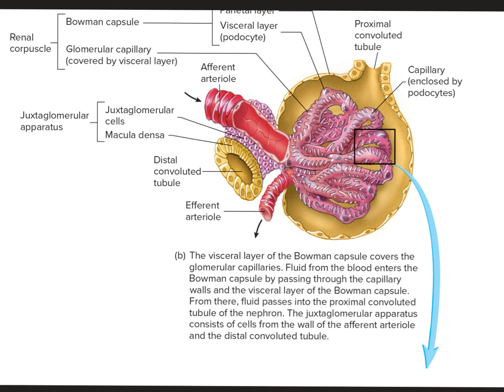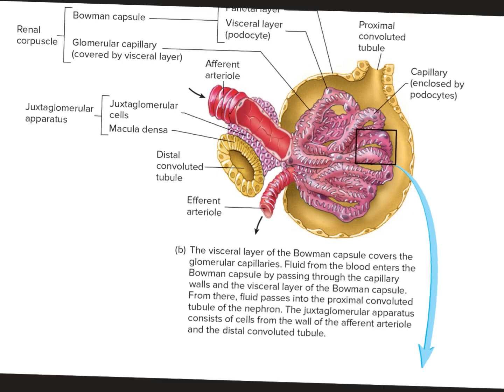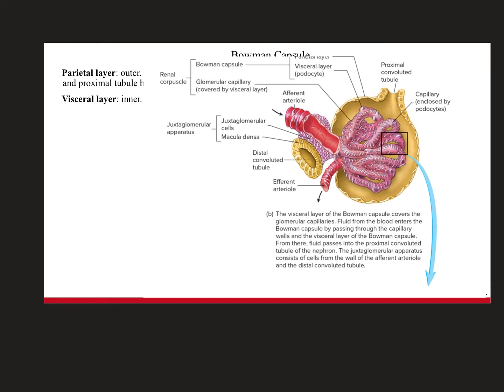So what do you notice about the capillaries in this view that you couldn't see before? So they look bigger. They're not really bigger. It's just the way that this is drawn. But do they look the same to you?